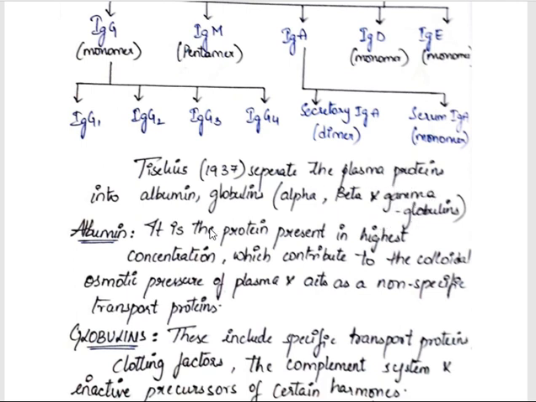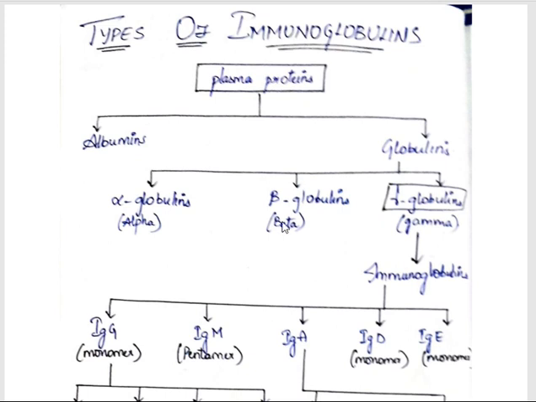So what is albumin? It is the protein present in the highest concentration, which contributes to the colloidal osmotic pressure of plasma and acts as a non-specific transport protein. Then what are globulins?